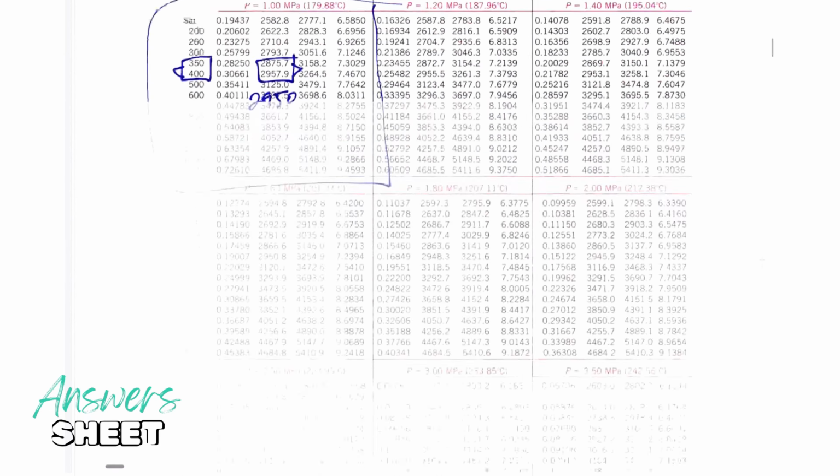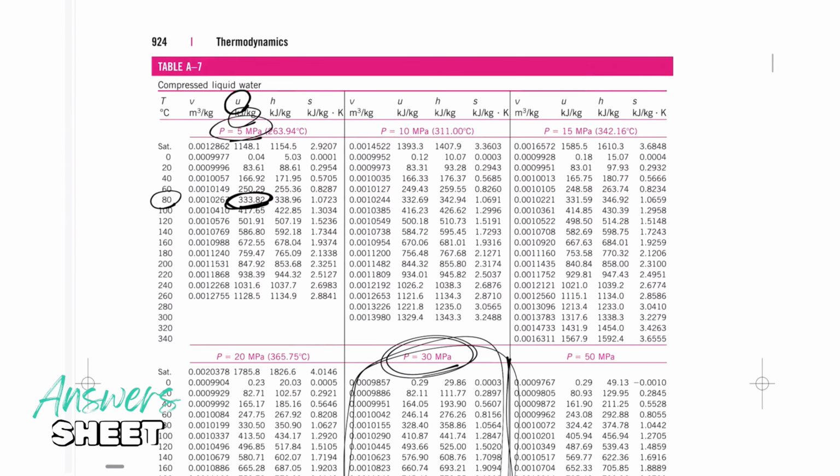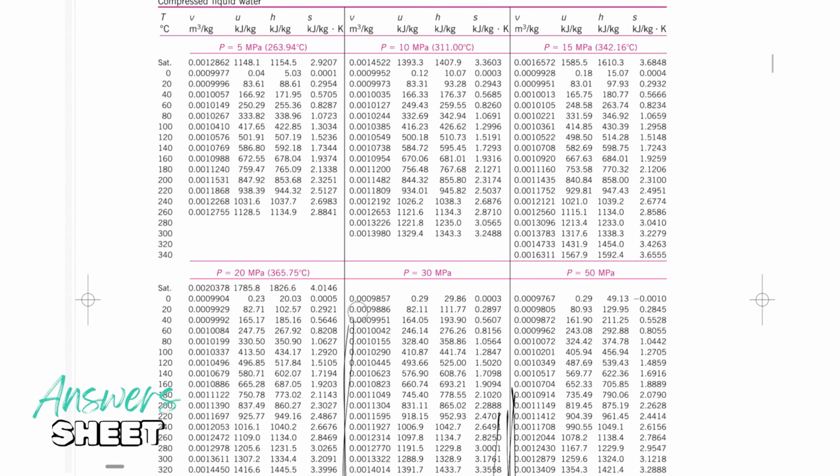Table A7. All right, so table A7, a pressure of 500 kPa, and y'all correct me if I'm wrong, because I did this wrong last time.